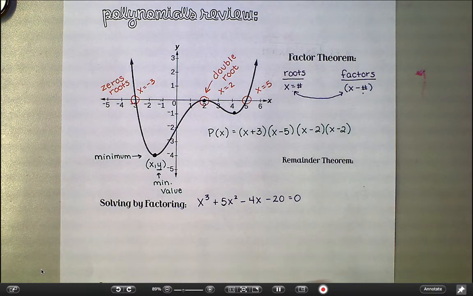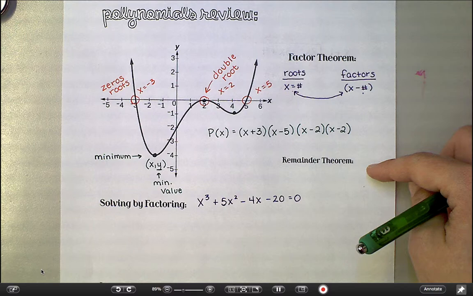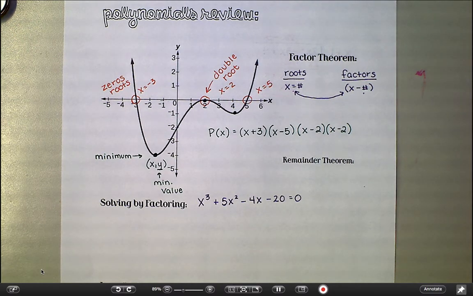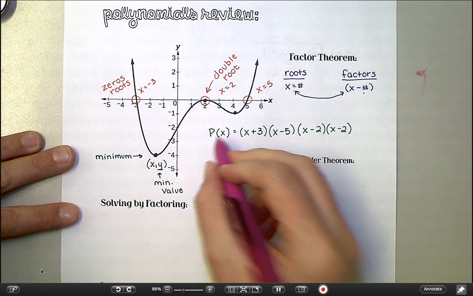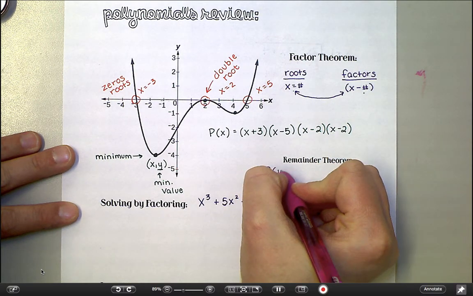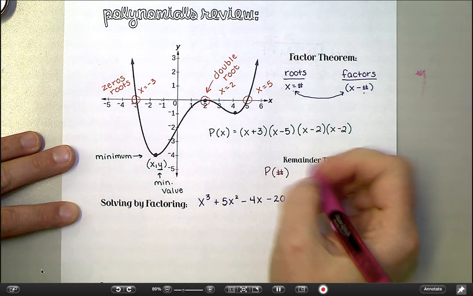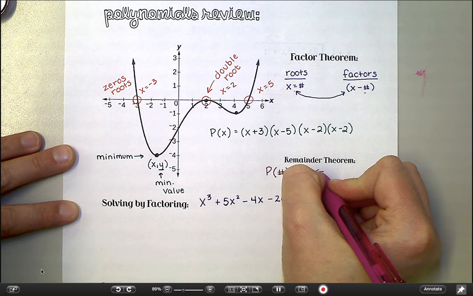Now, a corollary of the factor theorem, something that goes along with the factor theorem, is called the remainder theorem. The remainder theorem says that if you plug some number into your polynomial, so p of some number, the number you get out will be the remainder.